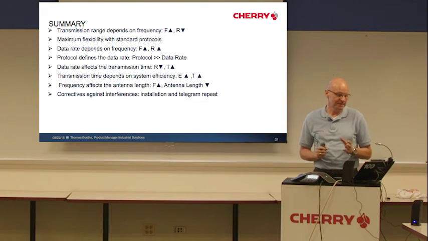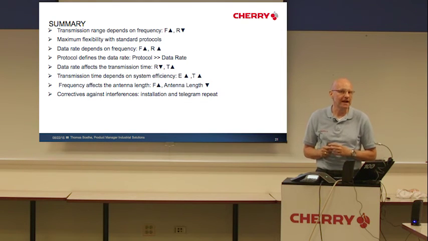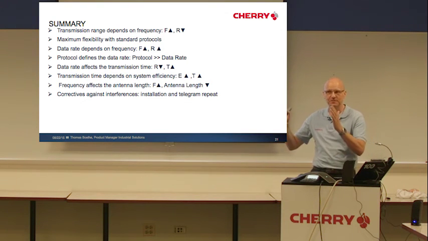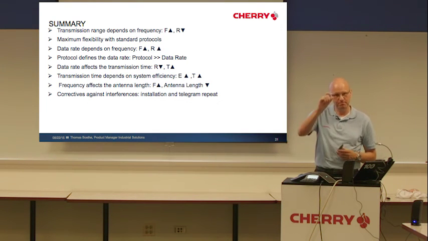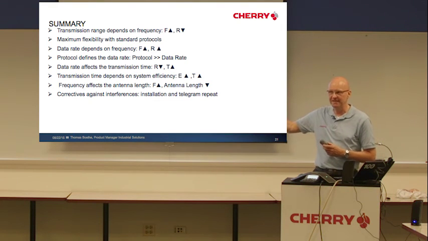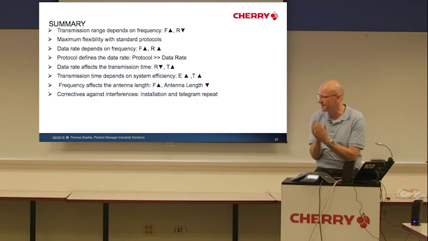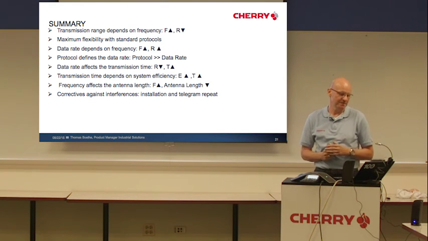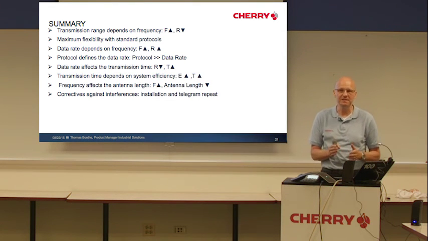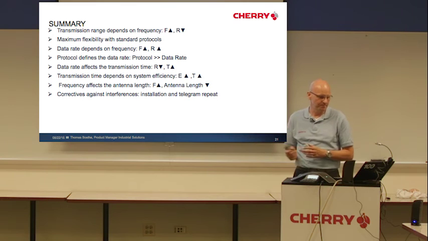And the data rate affects the transmission time. Remember the diagram with the big KNX green time and the very short times of Zigbee or ZF. This means a low data rate means high transmission time.